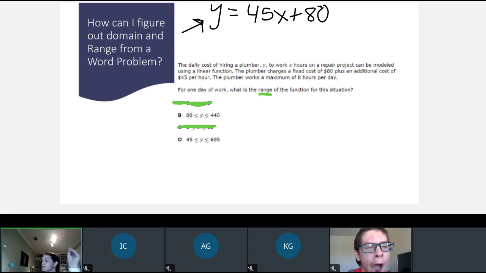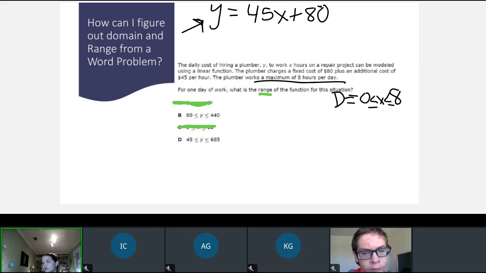So that's my equation. Now, to find the range, I have to put in my domain. So this says the plumber works a maximum of 8 hours a day. So the max is 8. Okay, so my domain, my max is 8. He can work 8 hours. He could also work 0 hours, right? Like if he didn't go or he got there and didn't work, it'd still be $80 to have him come out.